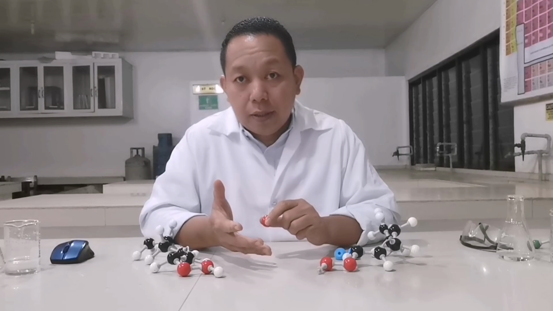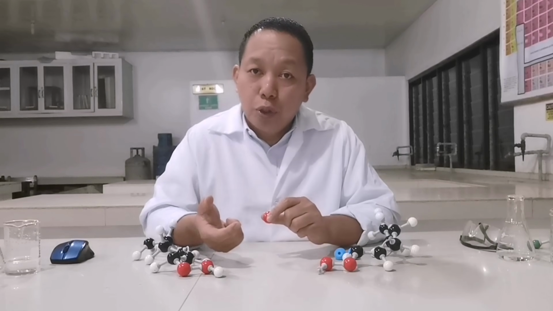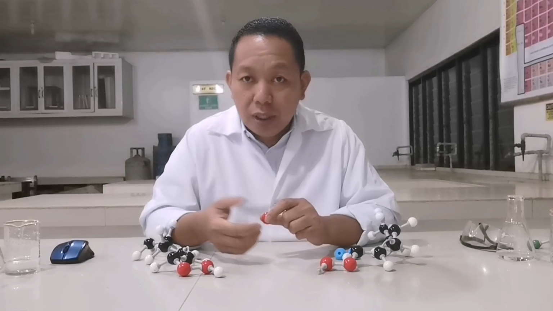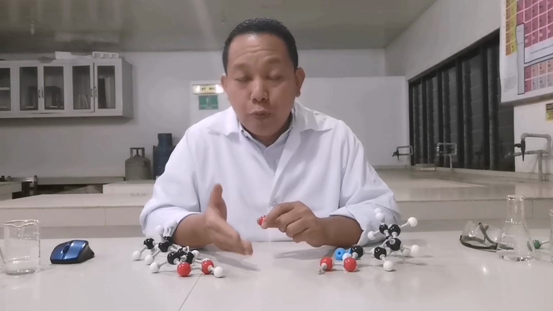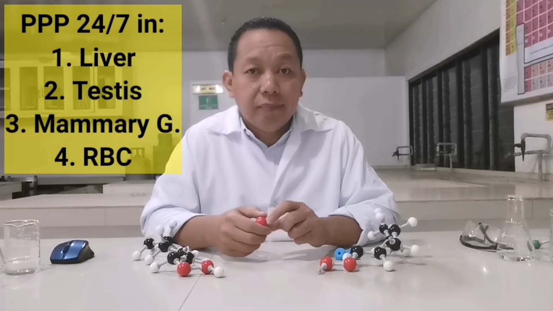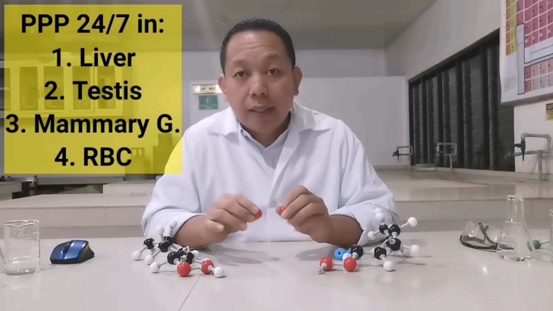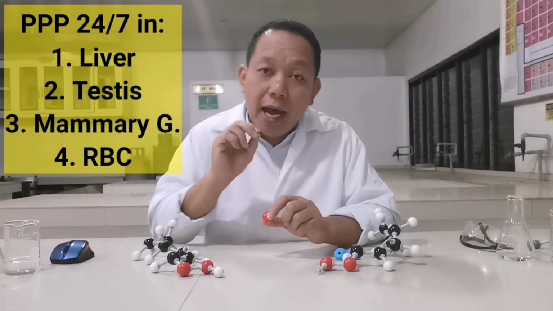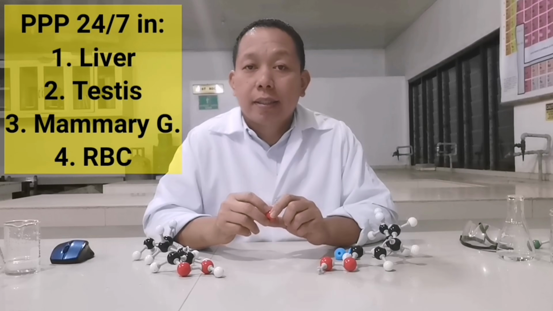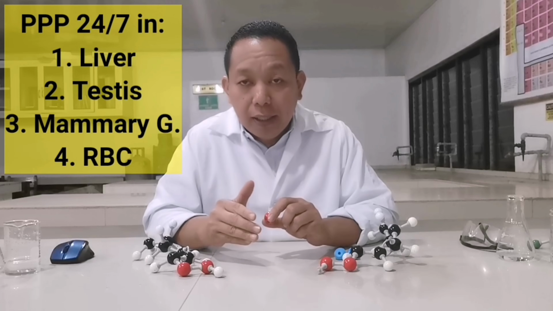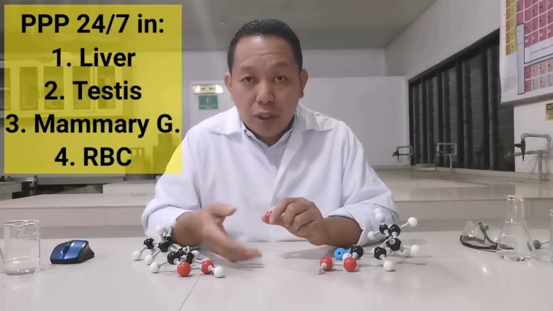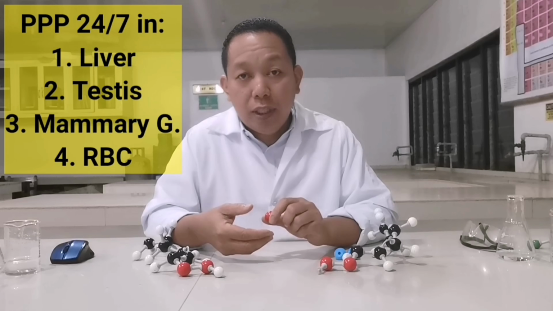Another group of cells in which the pentose phosphate pathway, the one that produces NADPH, is always active whether you're resting or not, are red blood cells. And that explains why adding glucose to the mix prevented the red blood cells from becoming oxidized and ultimately undergoing hemolysis.